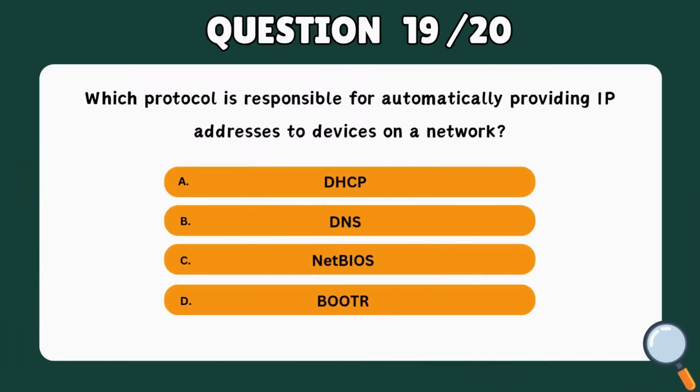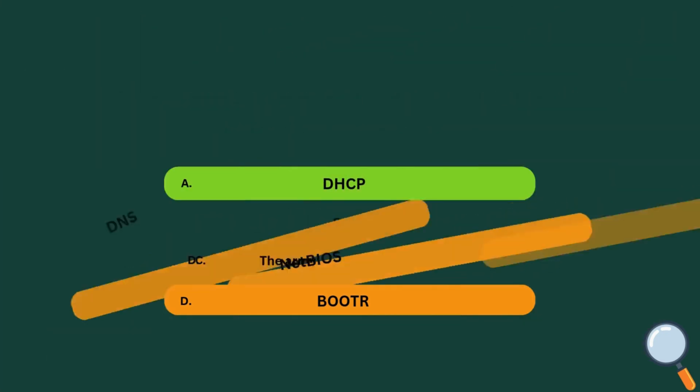Question 19. Which protocol is responsible for automatically providing IP addresses to devices on a network? A. DHCP. B. DNS. C. NetBIOS. D. OTR. Correct answer, A. DHCP.